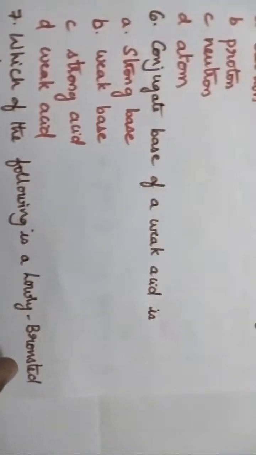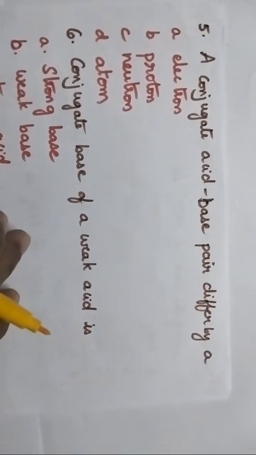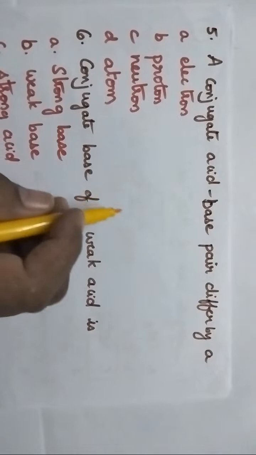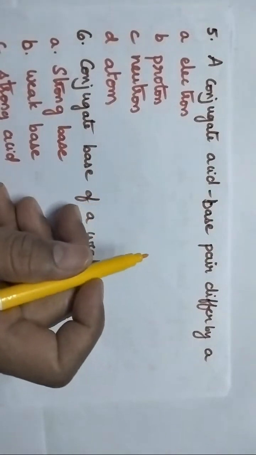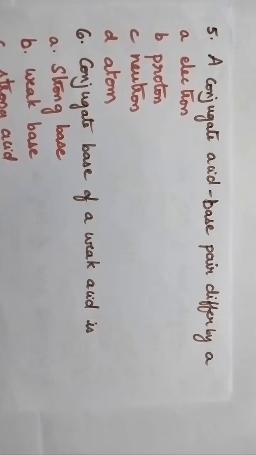Let us move on to the fifth question. Why are you people not active on this day? Okay, a conjugate acid base pair differ by A. It is a direct question, a gunshot question.